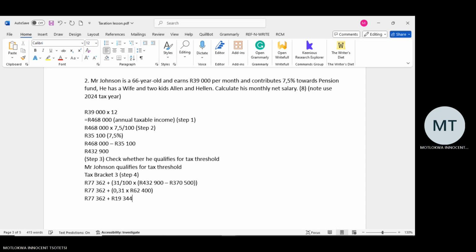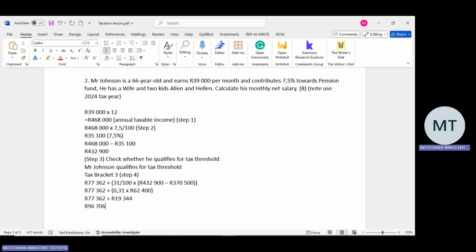Then we add these amounts, the 77,000 and also the 19,000. When we add the amounts, it gives us the total amount of 96,706 rands.